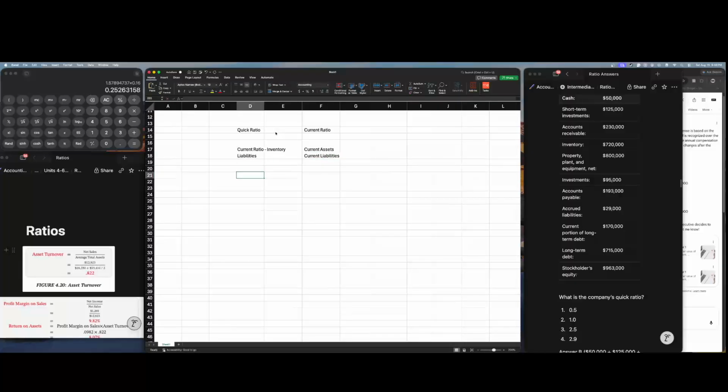With the quick ratio, for example, you have cash, short-term assets, investments, and AR will also be included, divided by liabilities.